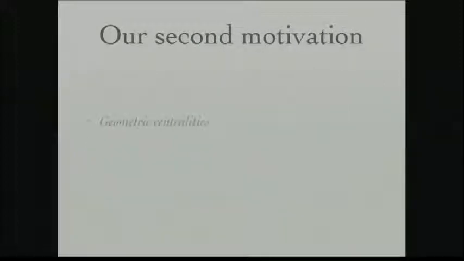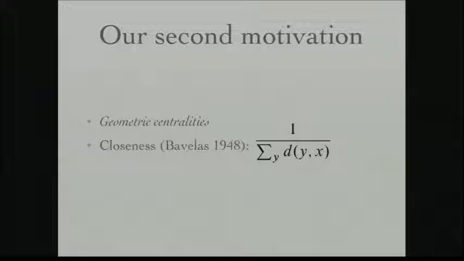A second motivation is geometric centralities. Geometric centralities are those centralities that depend on the distances in the graph, not on spectral theory like PageRank or the dominant eigenvector, and not on the whole set of shortest paths like betweenness centrality, but just on the distances. These are actually the oldest centralities of this kind ever defined.